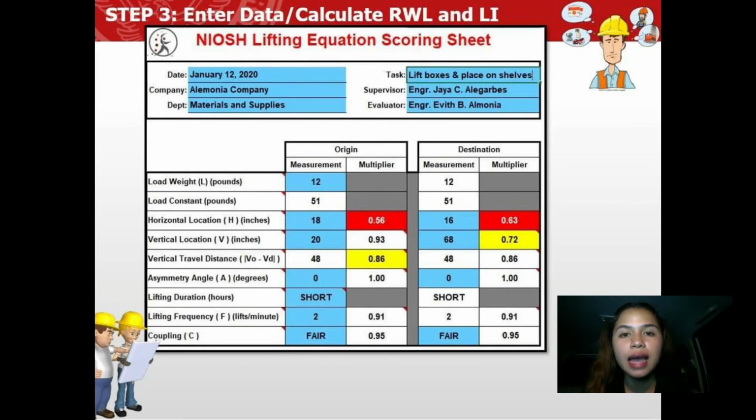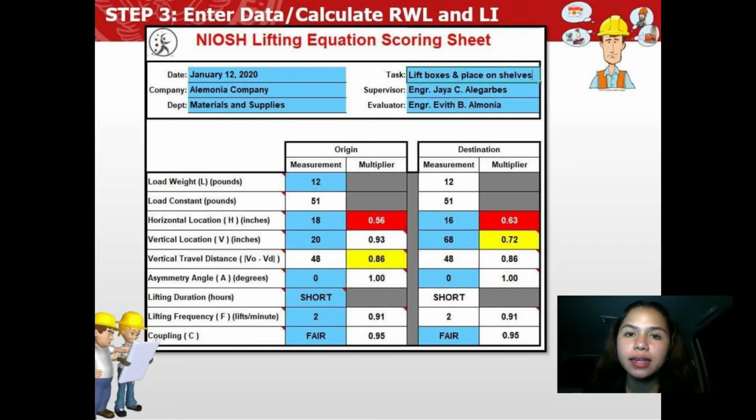Lifting duration in hours is defined as short because job duration is less than or equal to 1 hour. Lifting frequency is 2 lifts per minute, which is equivalent to 0.91. Coupling is defined as fair, which is equivalent to 0.95.